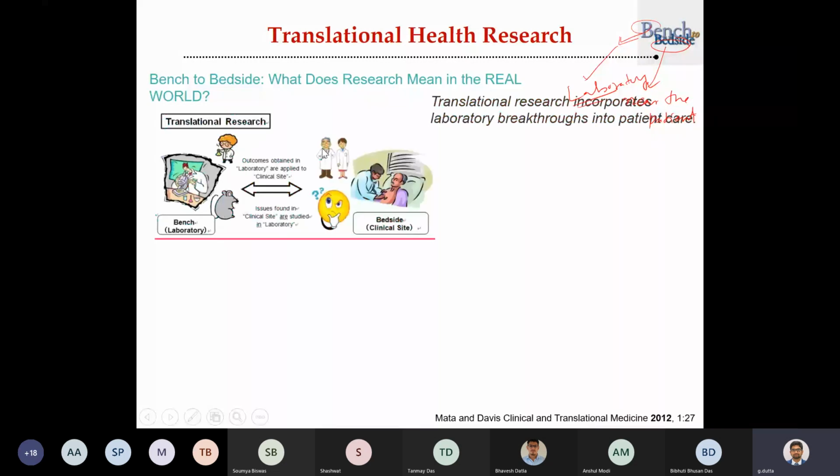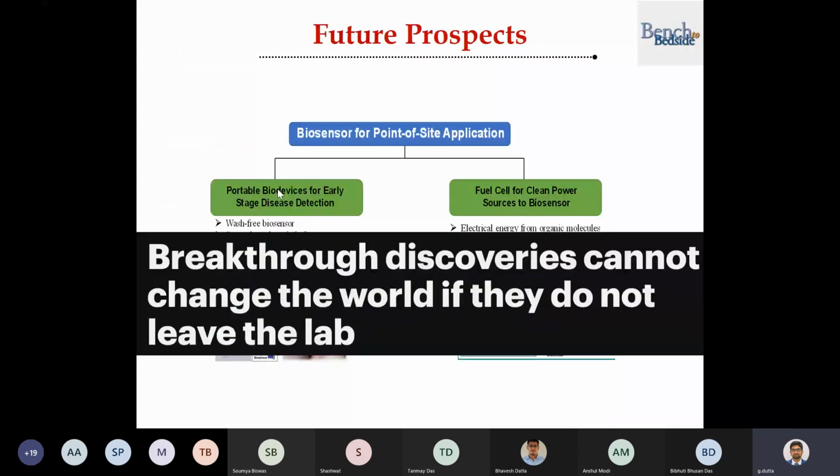Translational research incorporates laboratory breakthroughs into patient care. The outcome obtained in the laboratory, we want to apply. I told you last time that I like very much these lines: breakthrough discoveries cannot change the world if they do not leave the lab.